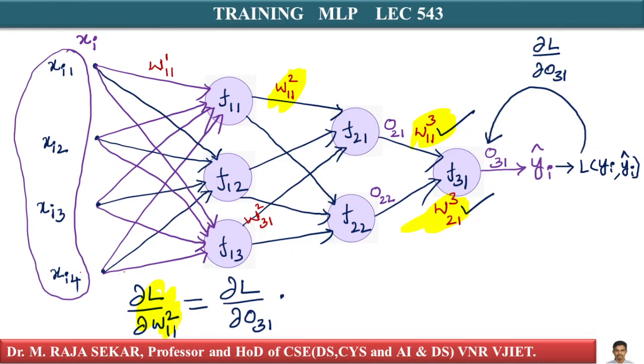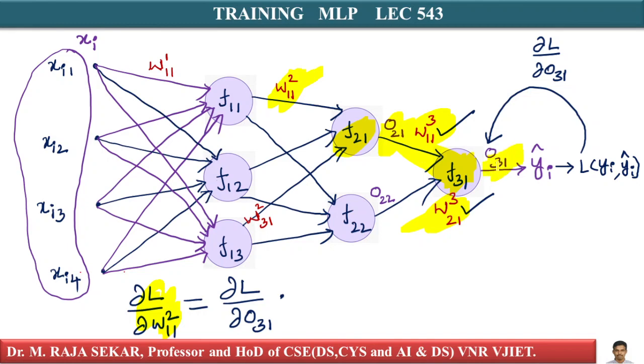Here W211 goes into F21 and impacts O21. This O21 goes into F31 and it impacts O31.